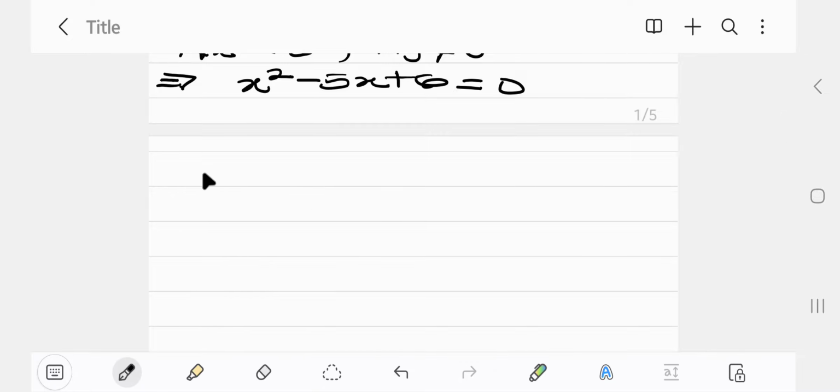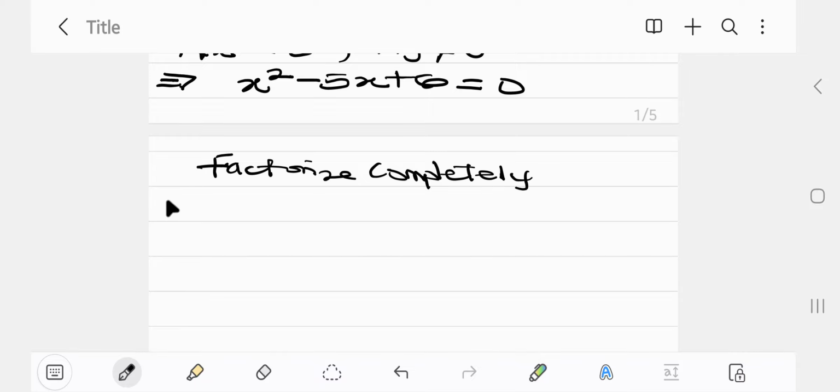The next thing I want to do is to factorize the quadratic equation here. So let's factorize completely. At this point, we have x squared minus 5x plus 6 equal to 0.